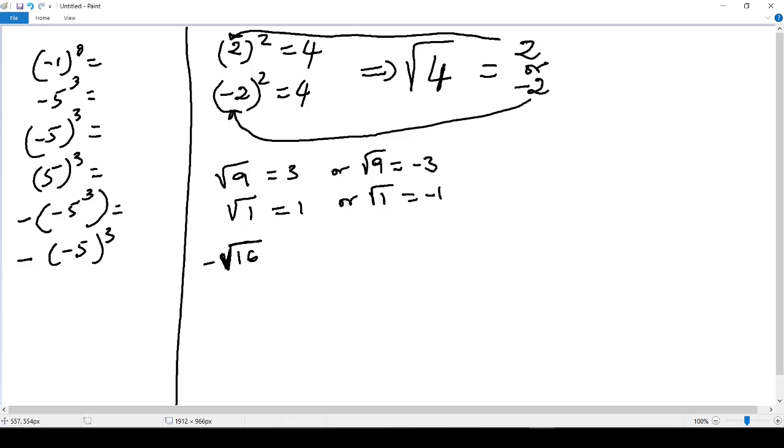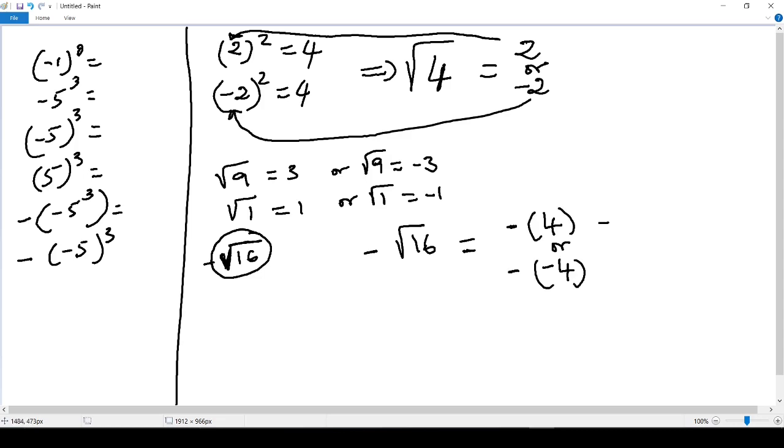To solve this one, we first find the value of the square root of 16, which is 4 or negative 4. And now when we apply our negative sign, we apply it to both numbers. And at the end, we have negative 4 or 4.